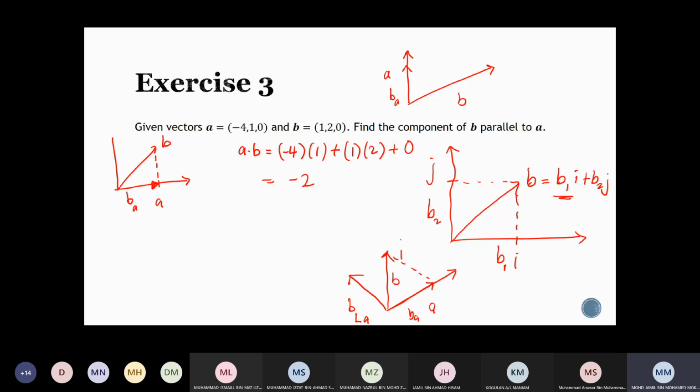Okay, so and then the BA, the vector BA, which is the component of B parallel to A, I think should be -2 A. Tak apa, nanti saya check balik.